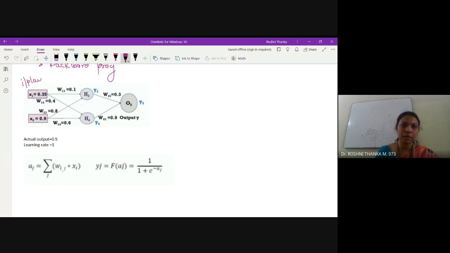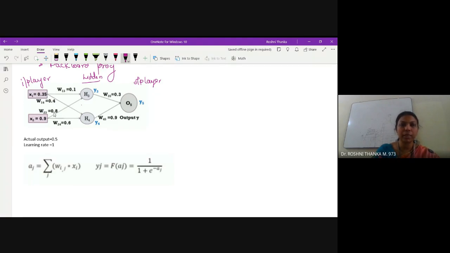This is our input layer, this is our hidden layer. Again, we have only one hidden layer, and this is the output layer. In the output layer, we have only one computational unit, or one perceptron, and we get only one output in this case. In the input layer we have two attributes, x1 and x2, and the values are given here, and with each input some weight is attached.